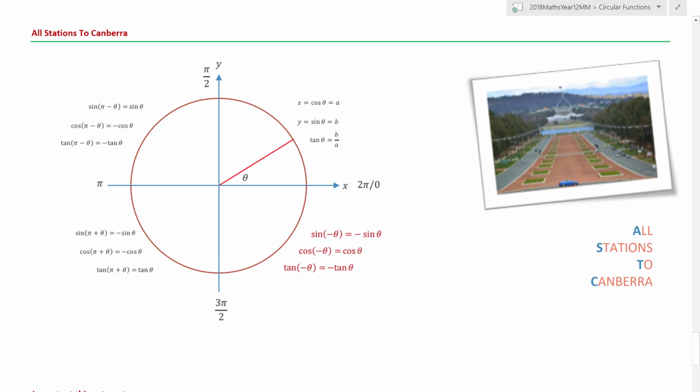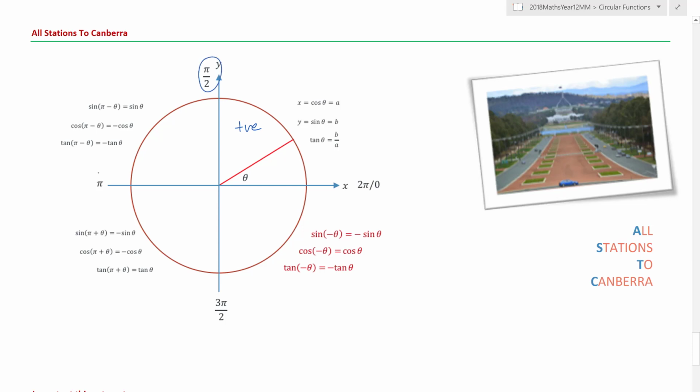Okay, so these are all really, really important, but what does it have to do with the price of fish? Well, all stations to Canberra, basically, or CAST, or CATS, or ACTS, or anything. What we tend to find is using the unit circle, between 0 and 90 degrees, sine, cosine, and tan are all positive.